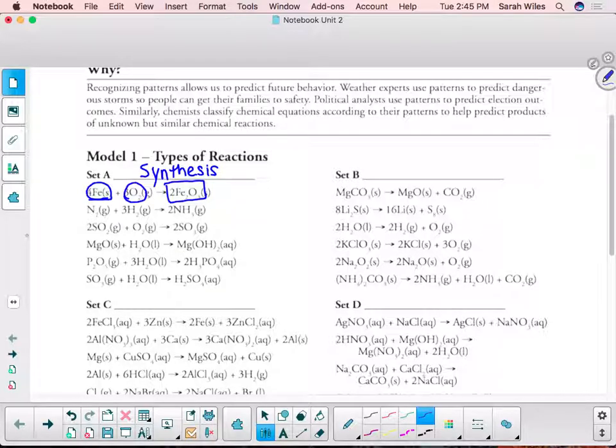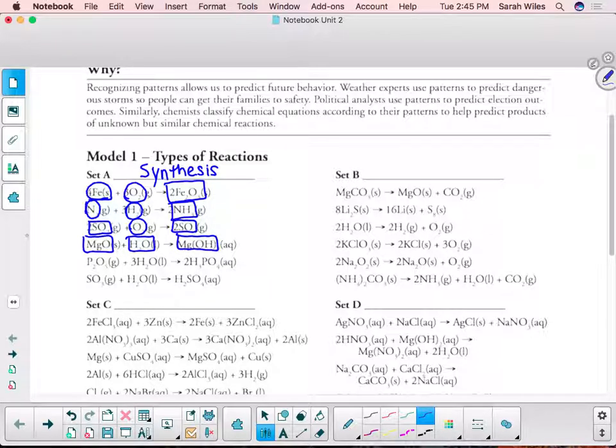For this top part, I'm using circles as elements and squares as compounds. So you can combine elements and elements to form compounds, but you can also combine compounds and elements to form another compound, or a compound and a compound to make another compound.